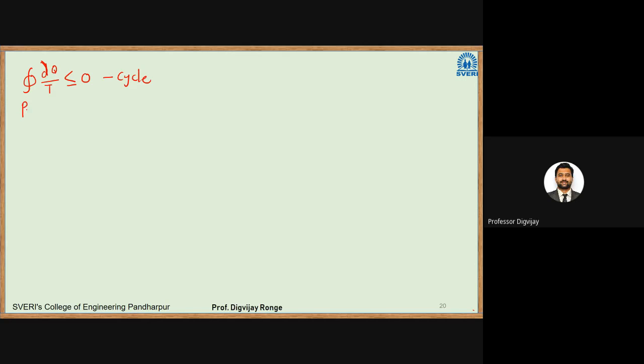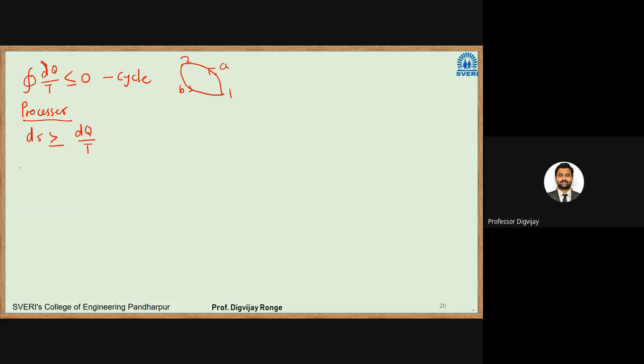If I go for one-way processes, in a cycle, like this diagram you might have studied, from 1 to 2 it will go by path A. It will return with path B. So this is what we are calling a cycle. If I consider only 1 to 2, that will be a process. So in case of processes, you know that the relation is ds is always greater than or equal to dq by T.